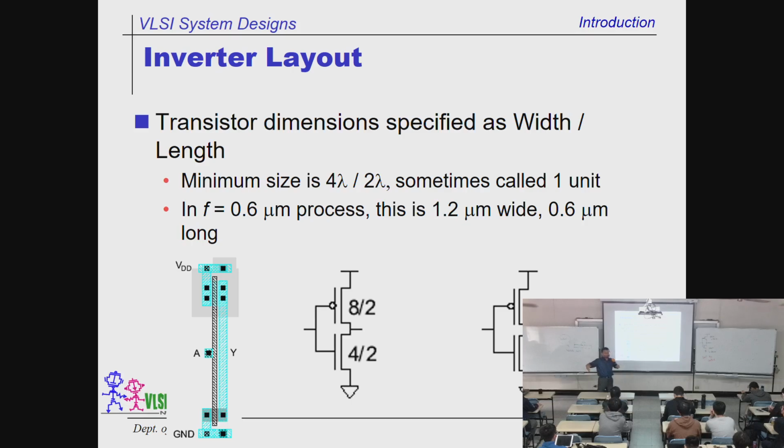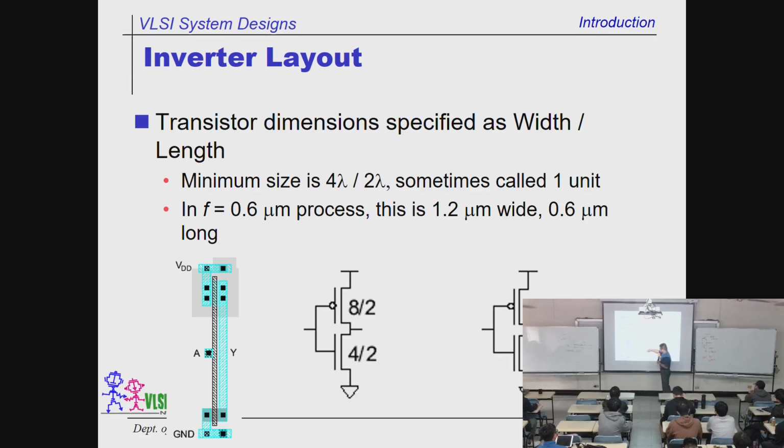I designed the truck. I used 2.0, and in this textbook, it's 0.6. So the minimum length is 0.6, so lambda is 0.3. The minimum size is defined as 2 times lambda, so the lambda for that process is 0.3. Never mind, just to let you know.